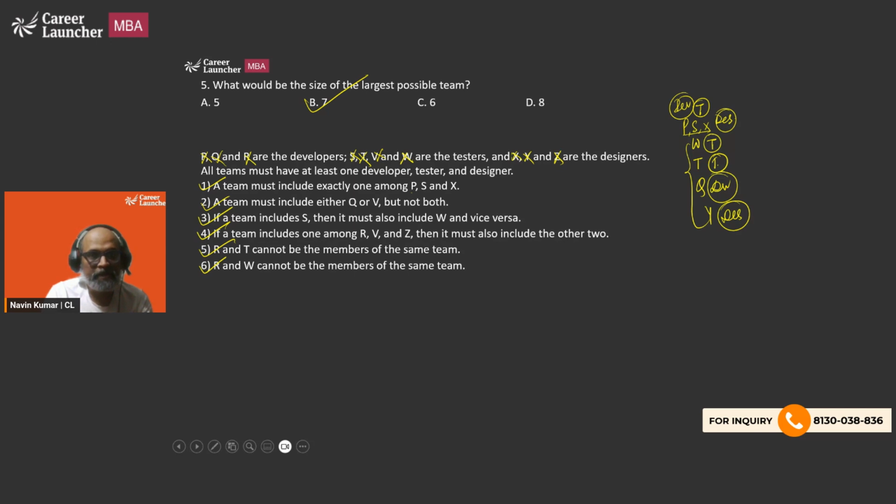Okay. How about if we try for R, V, and Z? If R comes in, V and Z come in, but T and W won't come in. So it won't change. We will still have 3 people and we will have to eliminate 2 if R is included. So nothing more than 7 will churn out.